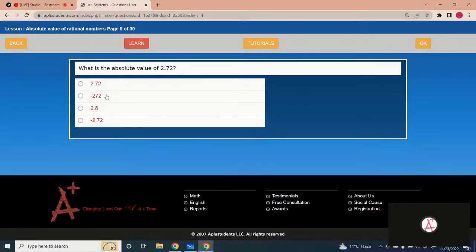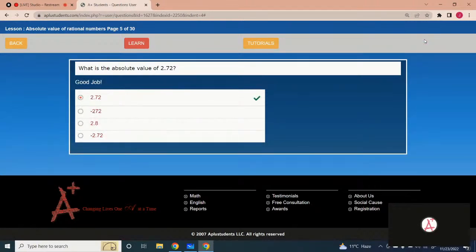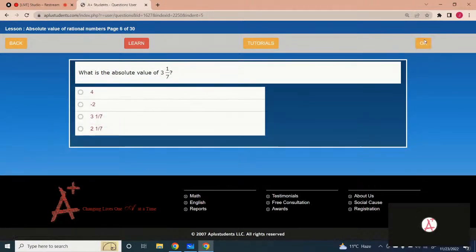So just select the correct option and then click on the OK button. Okay, the next one is, what is the absolute value of 3 whole 1 over 7?